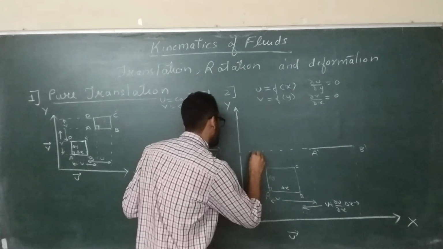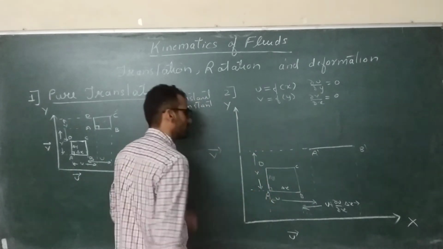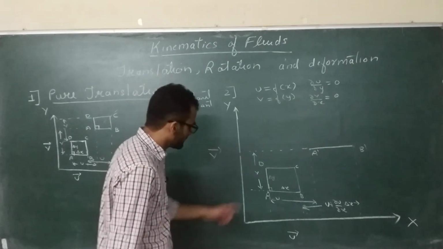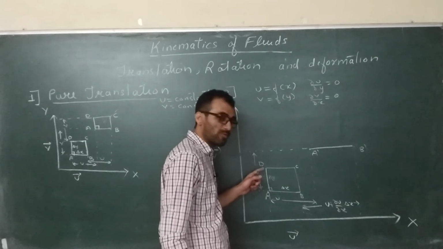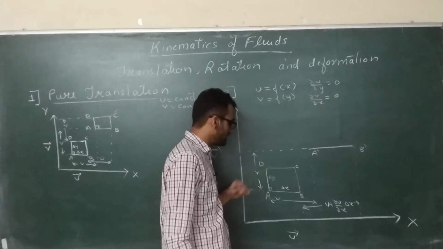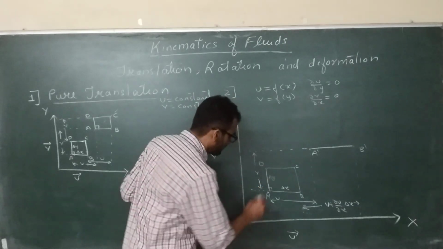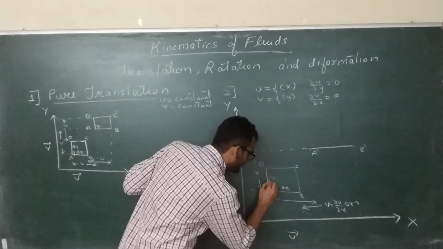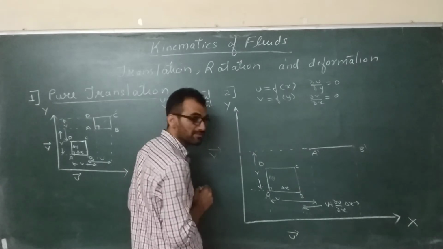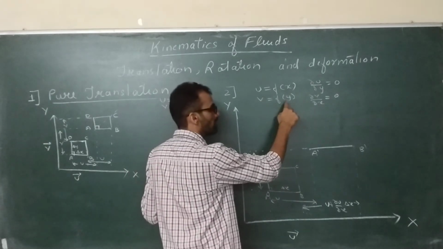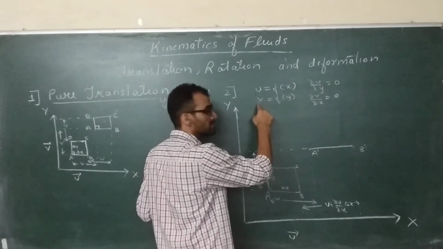In unit time it will travel v. Alright, this is okay. But how much distance will D travel? It depends upon how much vertical velocity D is having. Now see, different points on this segment AD have different vertical velocities. They have different v. Why? Because v is a function of y. Y coordinates are changing, so v is also changing.